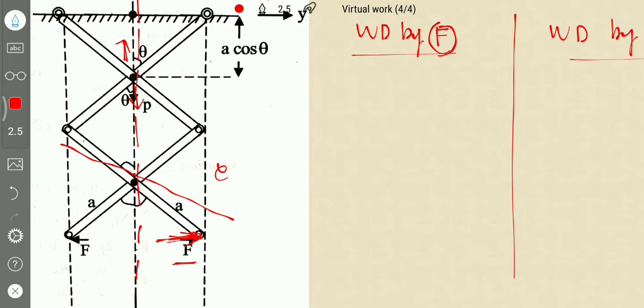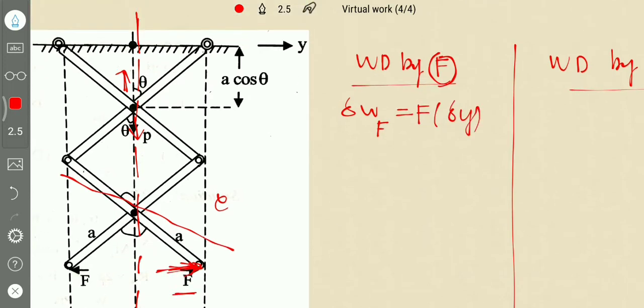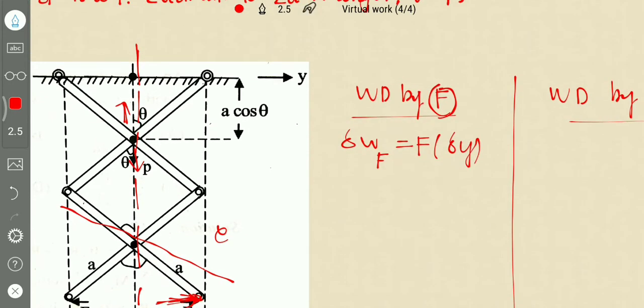So virtual work done by force F is given by force into this delta y. Let us say the small displacement is delta y and this is y. So what is y then?